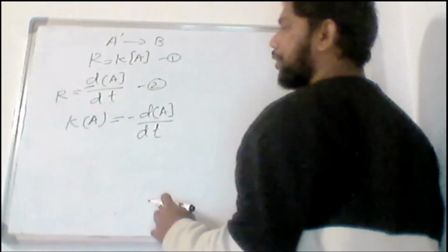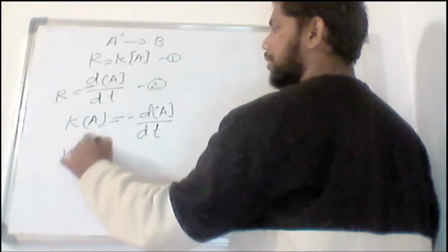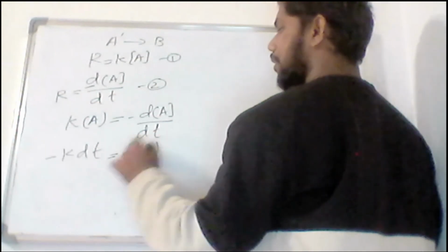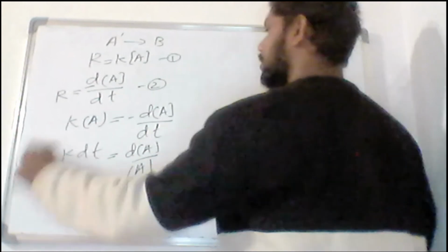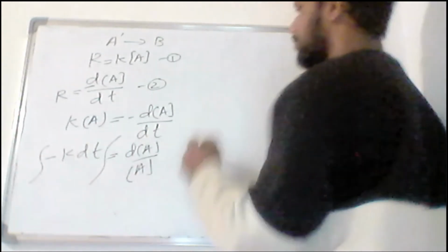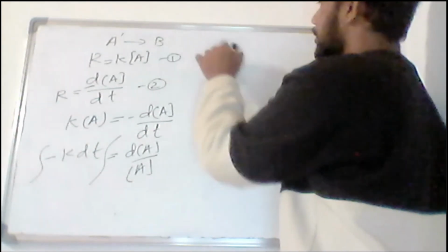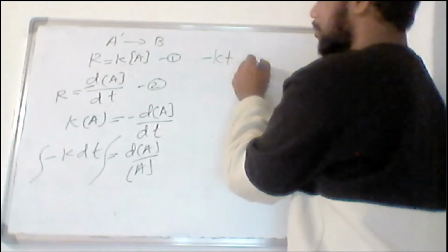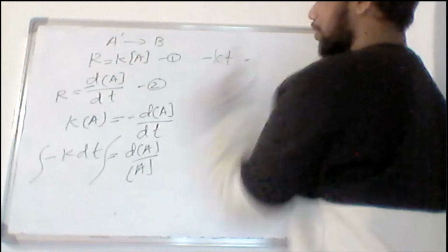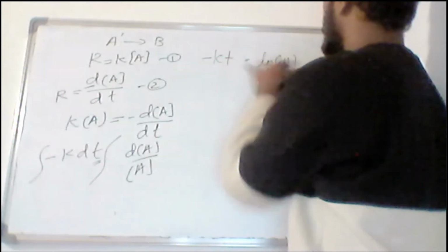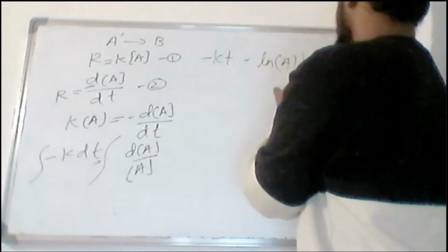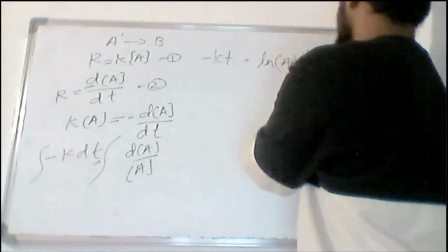What I'm going to do here is take dA over the A concentration, then integrate this to get kt equals ln A, with the limits from t equals 0 to t equals t.